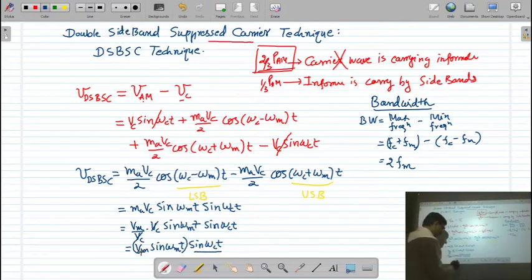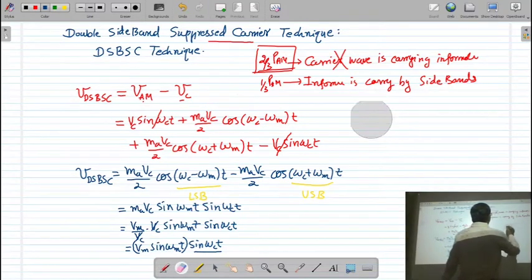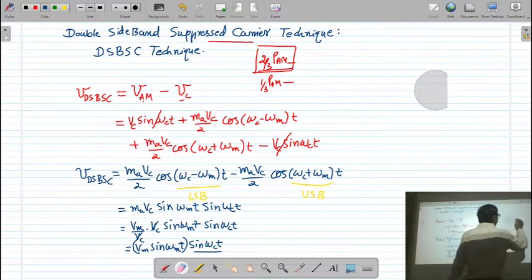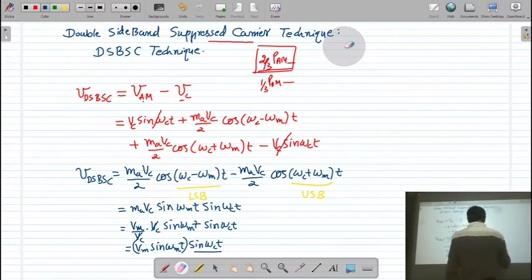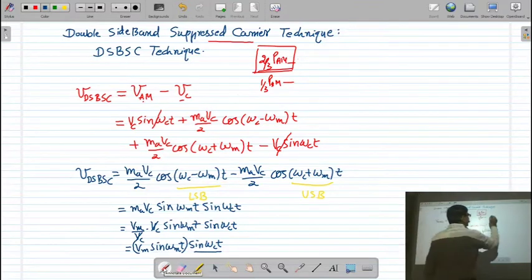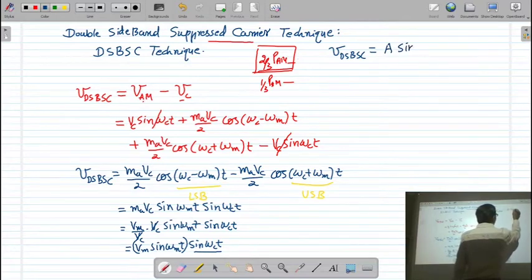So here we can say that we can write the DSBSC signal as A sin omega ct.